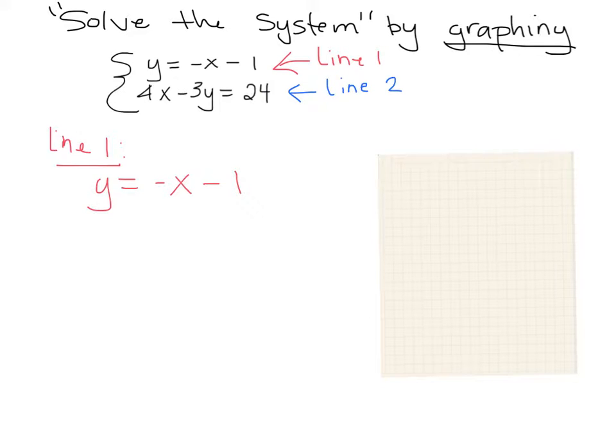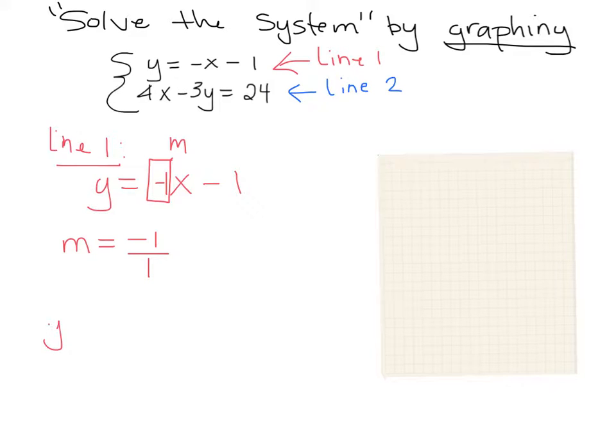I know that the slope in this case is the coefficient right in front of the variable, the m in mx. So my slope is negative 1. It's right here, this is my m. When we talk about slope, we like fractions, so we write rise over run. So this is really negative 1 over 1.